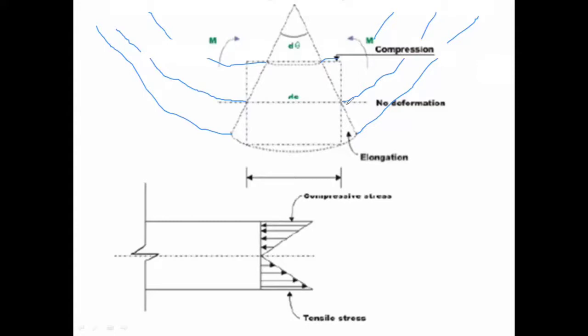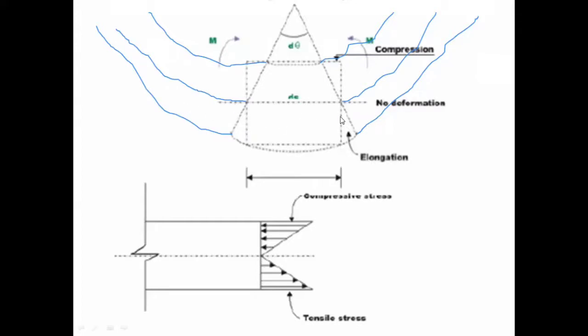The middle line is the neutral axis, this is the top edge of the beam, this is the bottom edge of the beam, and this is the deformed shape of the beam. The top layers of the beam above the neutral axis are under compression. Here I have written compression. So this part of the beam is subjected to compression everywhere along the length, and below the neutral axis it is subjected to tension or elongation.